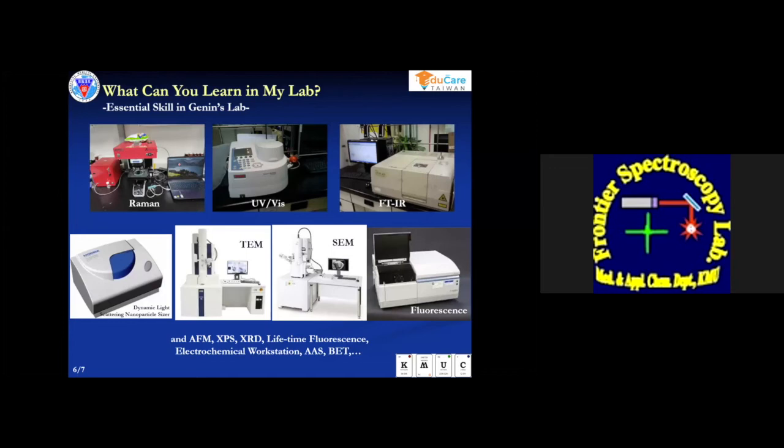You can learn some molecular spectroscopy techniques, especially Raman spectroscopy, UV-visible, and FTIR spectroscopies. These three different spectroscopy techniques are what you can learn in my lab.